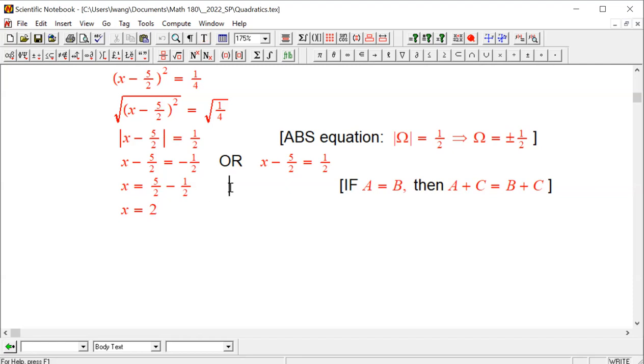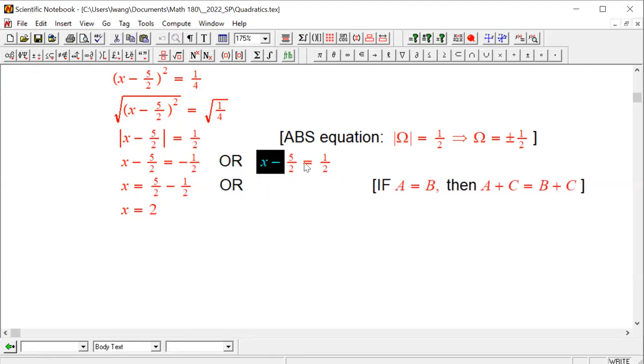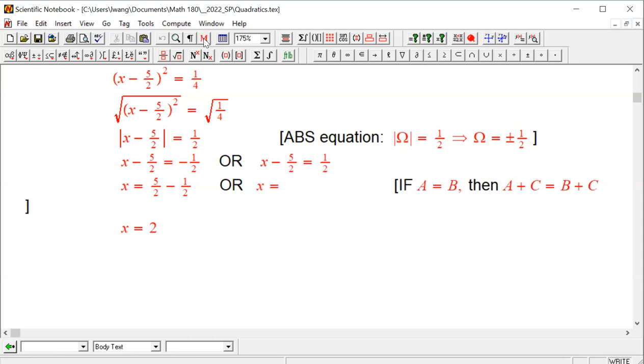And the other one, we have to solve the other equation, right? We also add 5 half. And this time we're going to get x equals 5 half plus half. 5 half plus half takes us to the next step, which is 4.